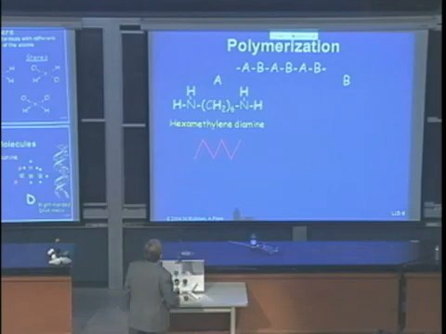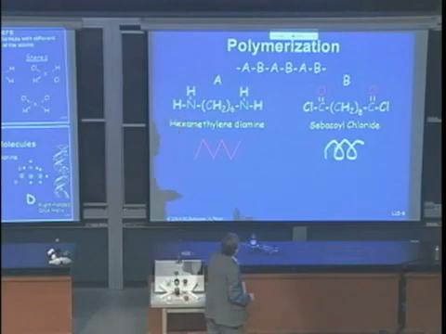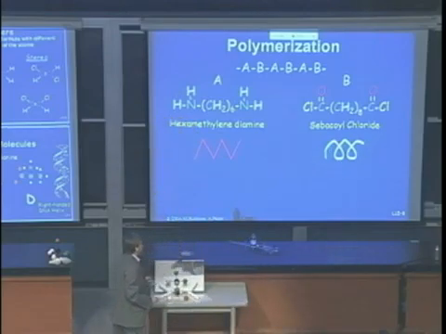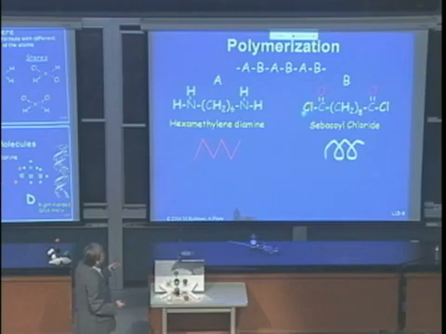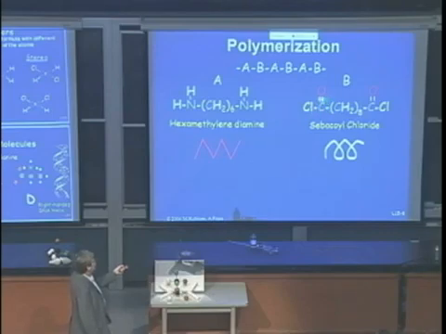And then we have sebacoyl chloride. I made a cartoon that looks like this. That has the COCl group here. What's the steric number on that carbon here? Can you hear me well in the back there? The steric number on the carbon is what? 1, 2, 3.